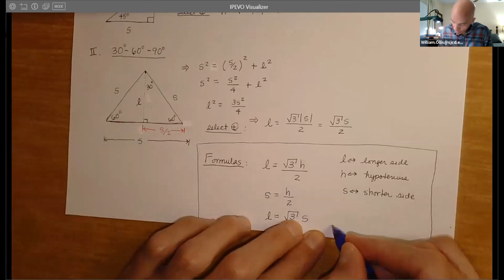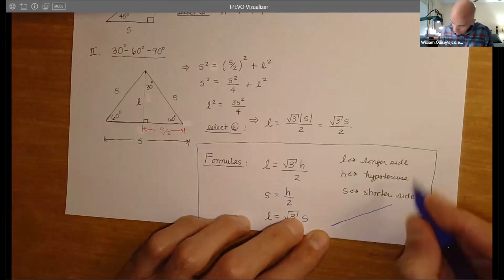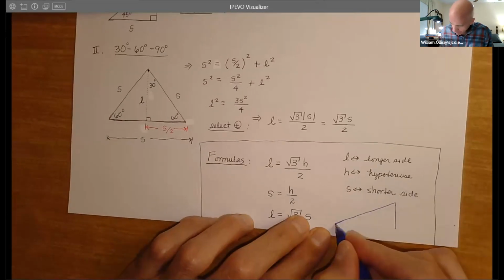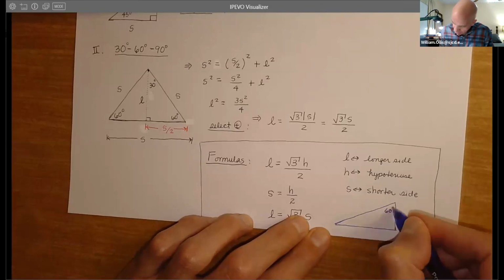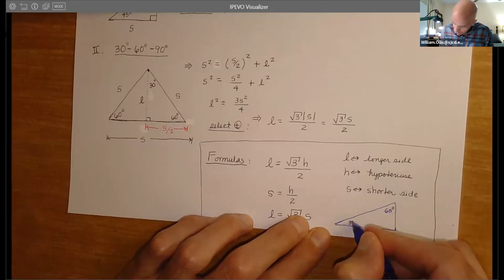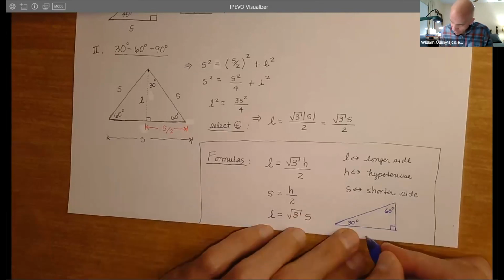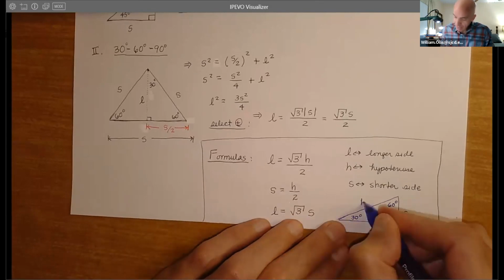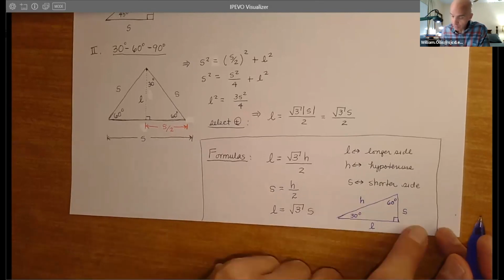So let's just draw the 30, 60, 90. So here's the 60. Here's the 30. And so this will be the longer side. This will be the shorter side. And this is the hypotenuse. And so now we see that the shorter side is half the length of the hypotenuse.